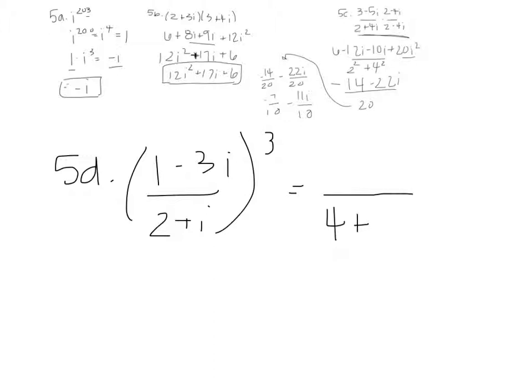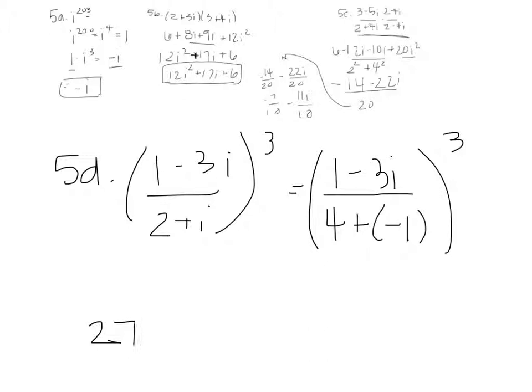So we're going to do 4 plus a negative 1 down here. So I've got our denominator figured out, and we're just going to move this over here and cube it. So 4 plus a negative 1 is 3. 3 cubed is 27. So we have 27 in the denominator.